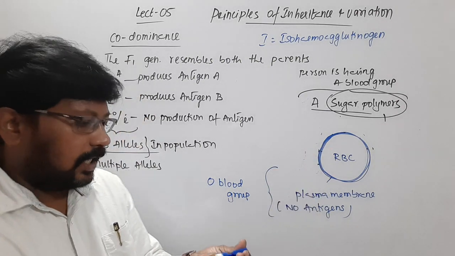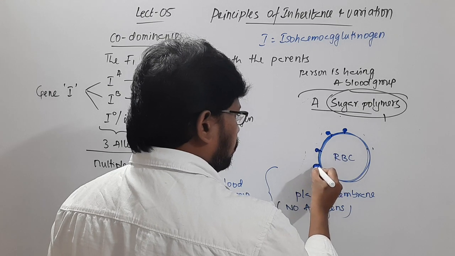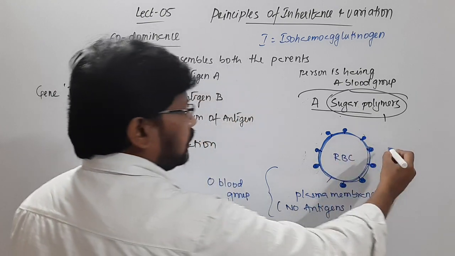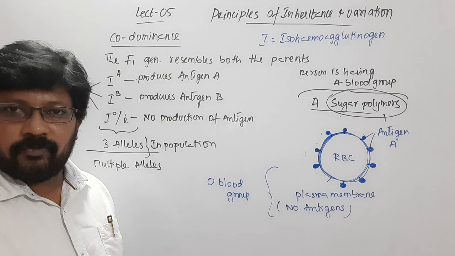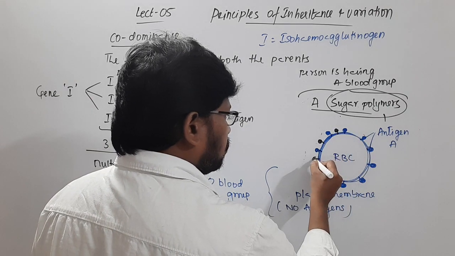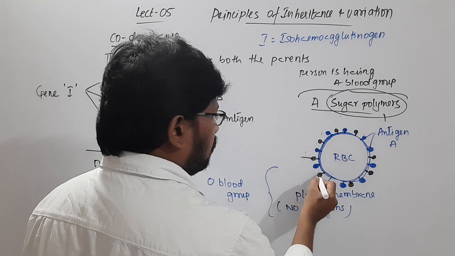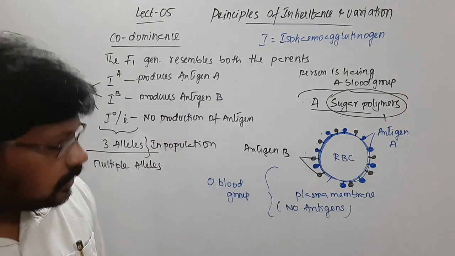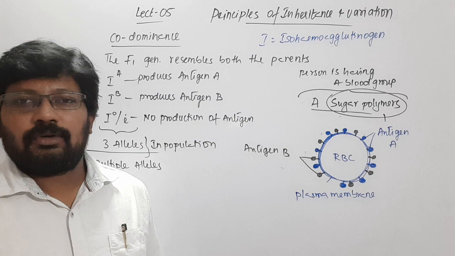If you find, say here, antigen A is present, then the person's blood group will be A. And if you see B antigen also, B antigen protruding on the plasma membrane, so this is antigen B. So now a person is having both antigen A and antigen B on his RBC membranes.